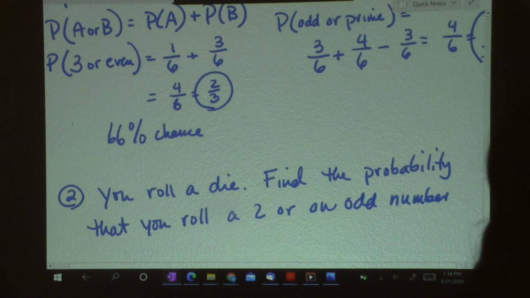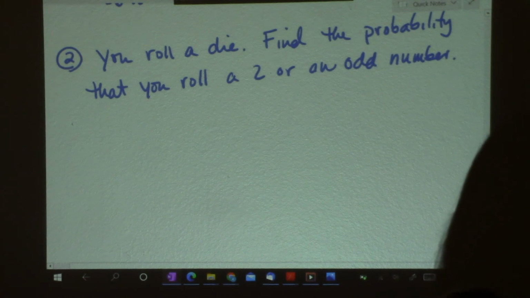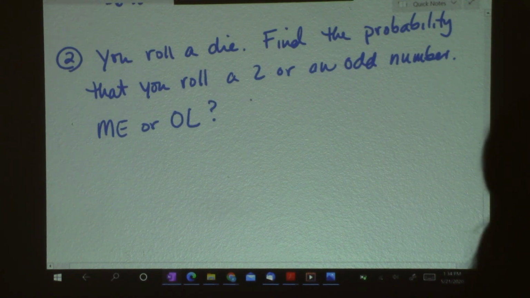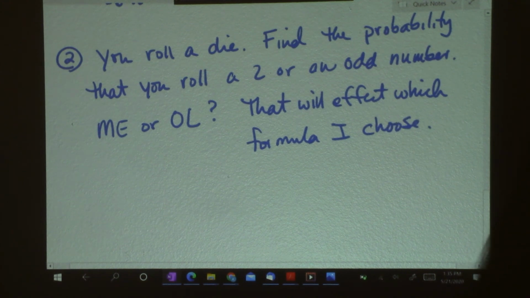Let's just make that a sentence. Okay? So go ahead and write that down. Now, the first thing we need to do is talk about whether this is mutually exclusive or is it overlapping, because that will affect which formula I choose. Okay? Well, let's talk about it.